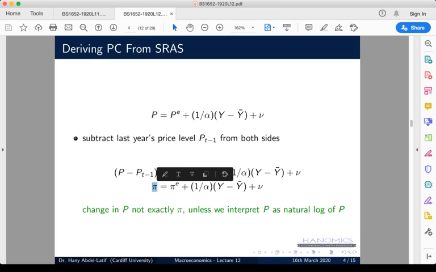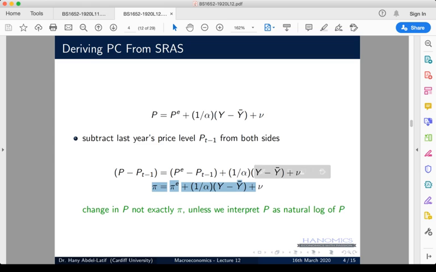And from here, the difference between the expected price level and the price level in time t minus 1 will give us the expected inflation rate. So this equation here is exactly the same as this equation here.